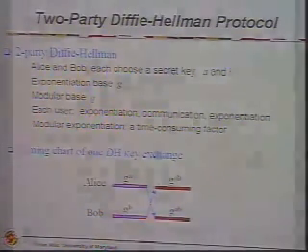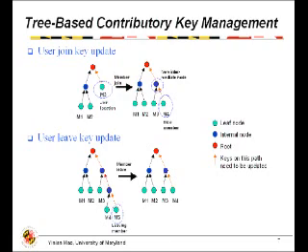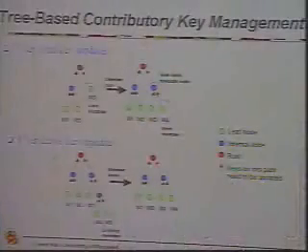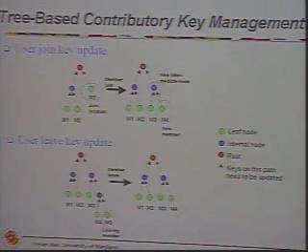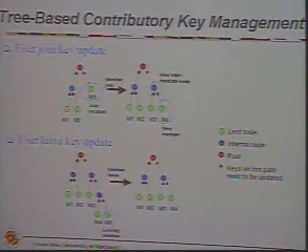This protocol was proposed in '76, I believe. The recent works to extend this two-party Diffie-Hellman protocol to a group scenario date until the mid-90s. And we give a brief overview of tree-based contributory key management schemes.